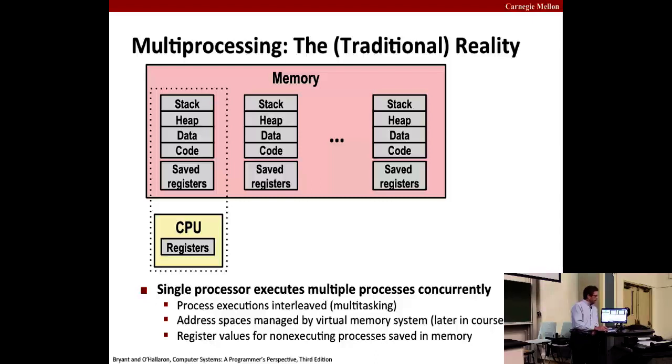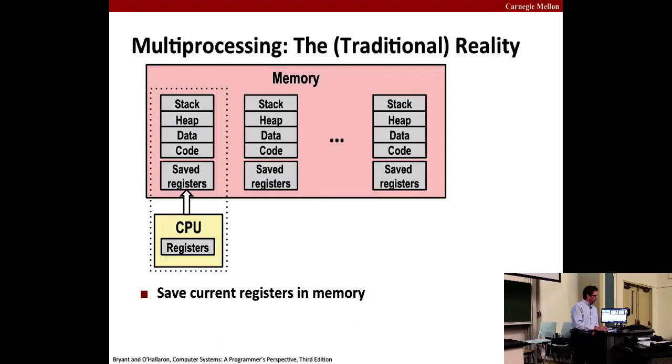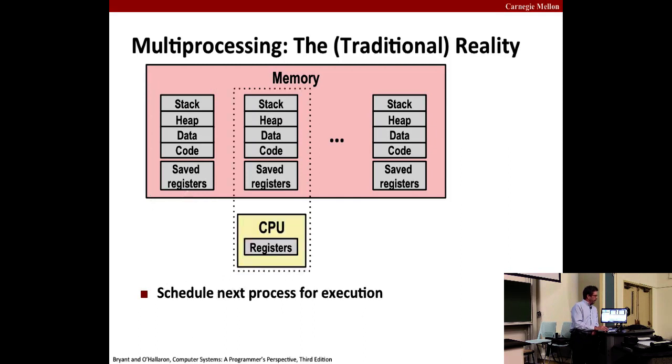So it copies the current register values into memory and saves them. Then it schedules the next process for execution, and it loads the registers that were saved from the last time that process was running into the CPU registers, and then it switches the address space to the address space for this process.